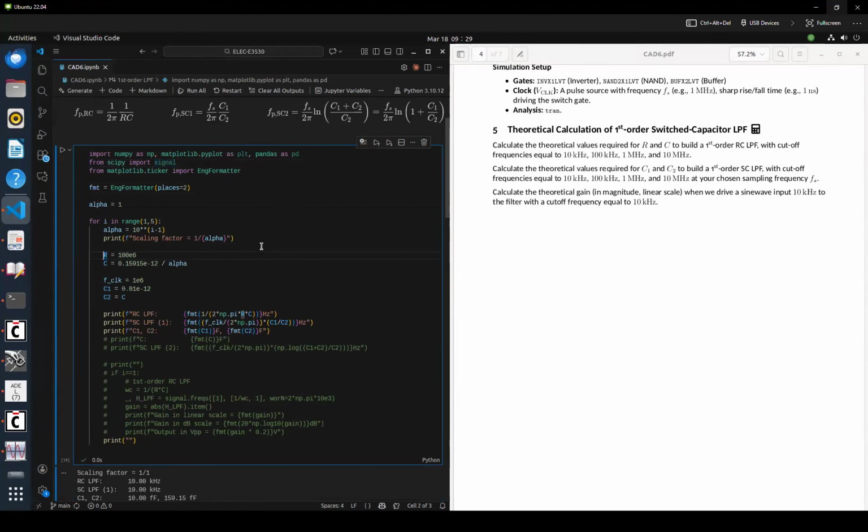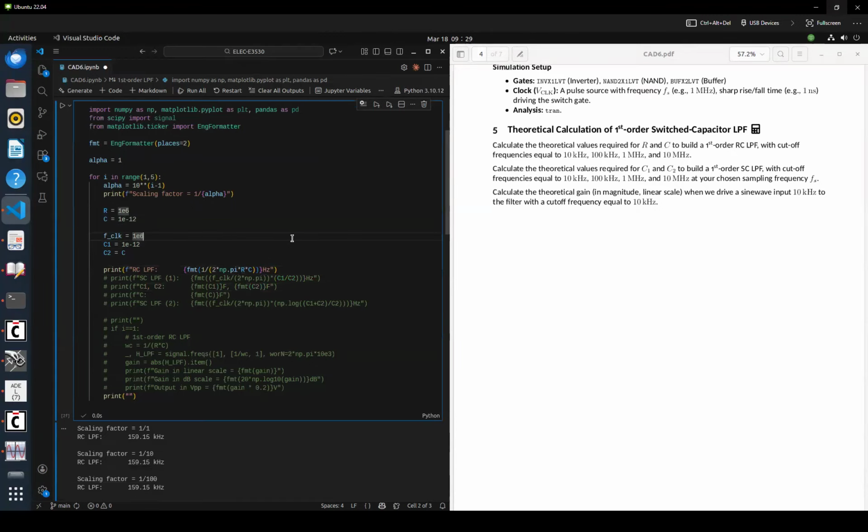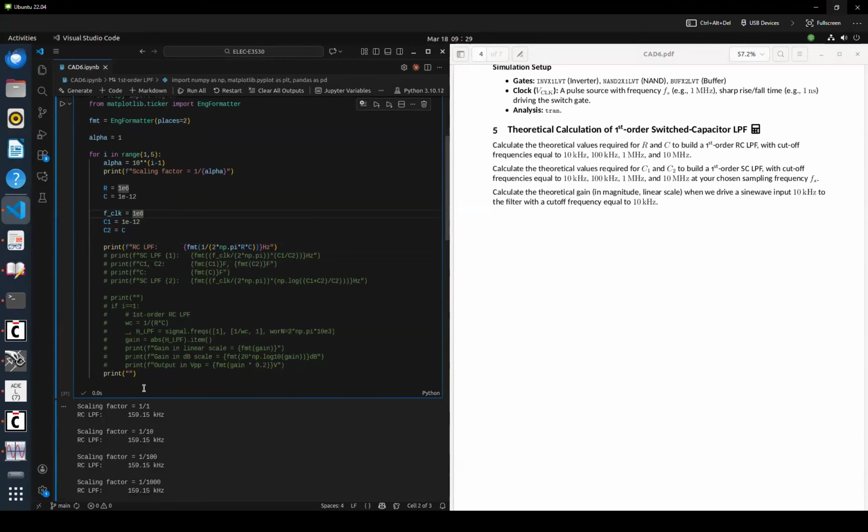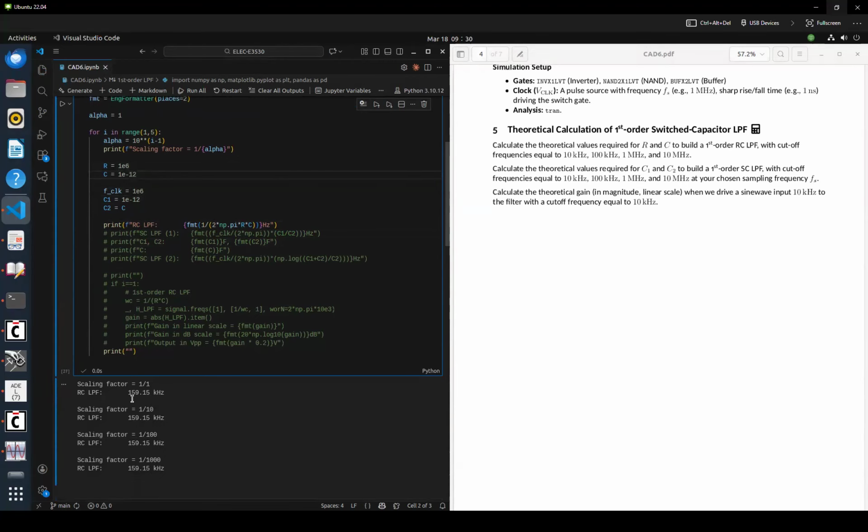Let me erase everything and set it as 1 picofarad. Then I just set it as the RC low pass filter, 1 mega ohm and 1 picofarad. Then you can see that it looks like this.